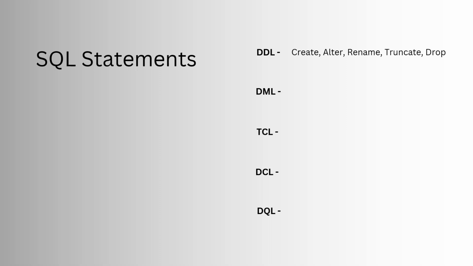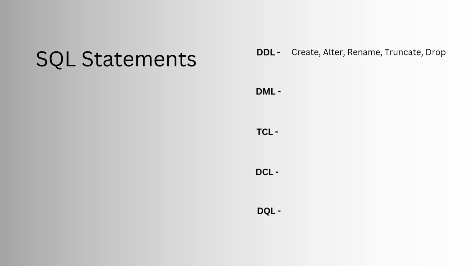So first, in DDL, we have 5 different types of commands, which are create, alter, rename, truncate, and drop. These 5 commands are mainly used to create, modify, and control the database objects, both SQL and PL/SQL objects.